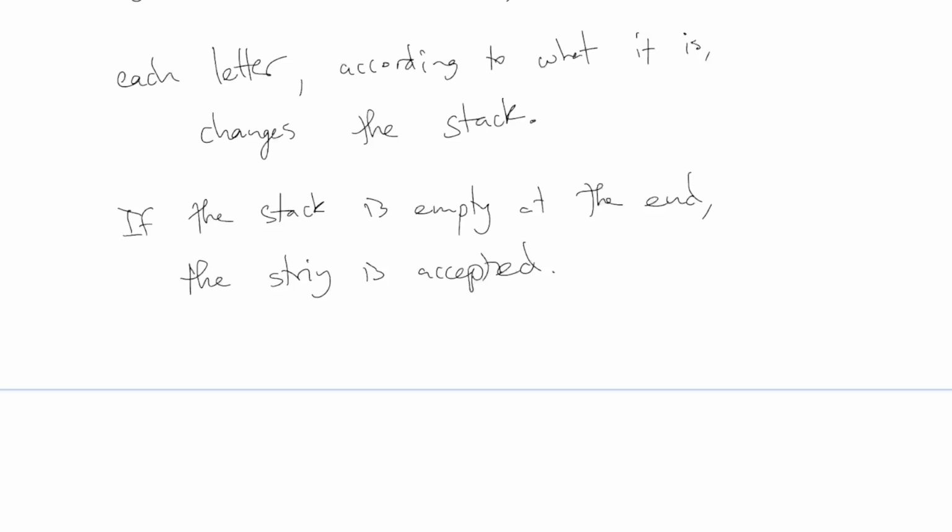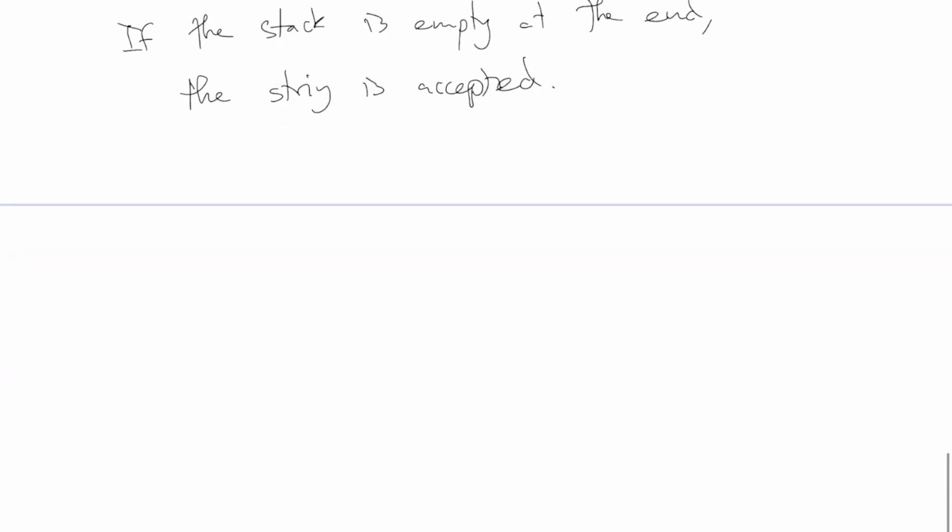So what is a stack? If you've heard about this before, it's what you think it is. It's like a list or an array in programming, but the thing about a stack, this is what makes it a stack, is that it only changes on the top.